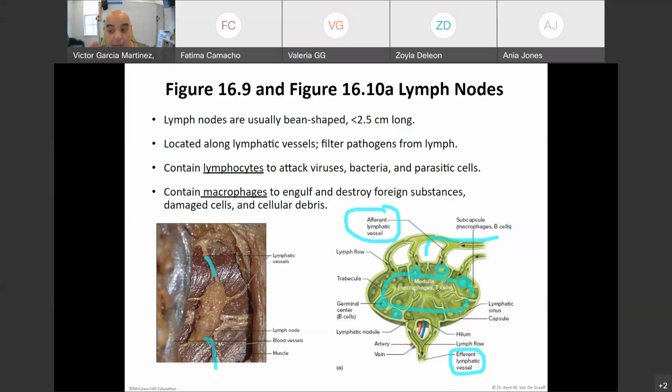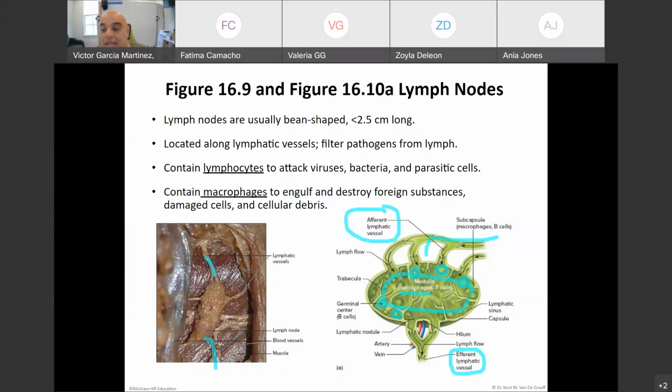If you remember, monocyte is one type of white blood cell, and it's called monocyte when we have those cells in the bloodstream, but when they migrate out of the blood vessels, going into tissues, they are called macrophages.